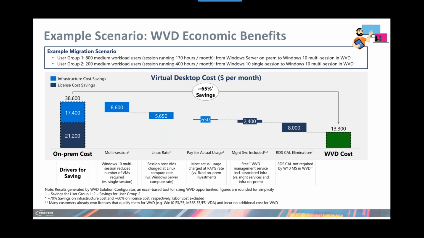Also, you're paying a Linux rate for that IaaS session cost. Because you already own the license for the Windows 10 operating system, you can actually consume the Linux rates of Azure IaaS. You're also able to pay for just your actual usage.